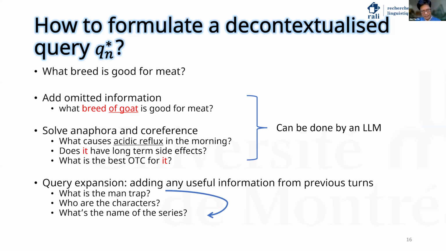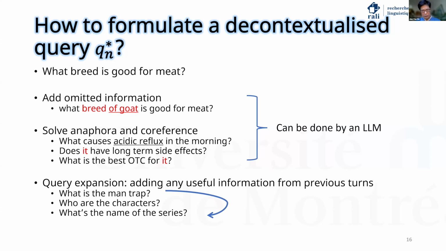When "it" is used in the query, it could refer to some previous concept mentioned in the conversation. So we would like to replace it by the correct concept to make a complete query. Those processes can be well done by a large language model. So there is no difficulty handling those problems with large language models.